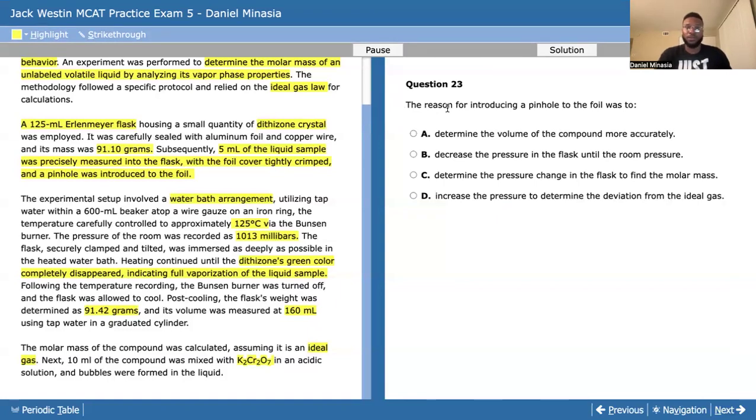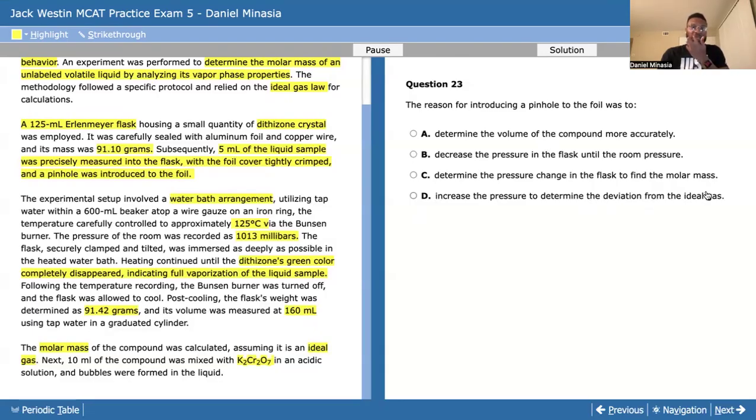All right, so the reason for introducing a pinhole into the foil was: A, determine the volume of the compound more accurately. No. Very much no. B, decrease the pressure in the flask until it matches room pressure. Yes, very good, most likely the answer. C, determine the pressure change in the flask to find the molar mass. No, we already know the molar mass. It was calculated; they told us that in the passage. D, increase the pressure to determine the deviation from the ideal gas.